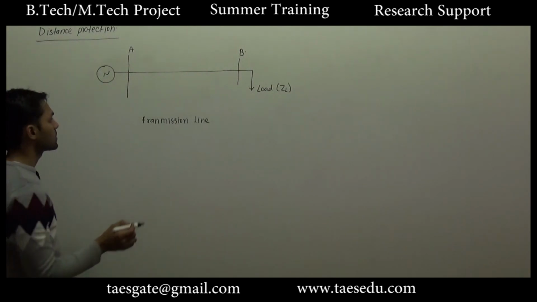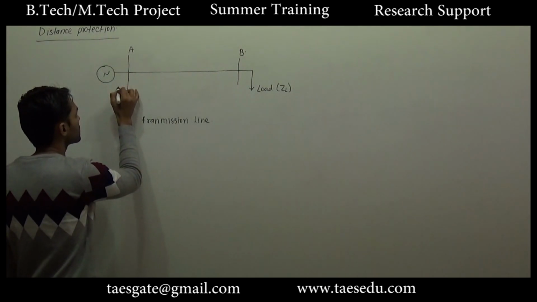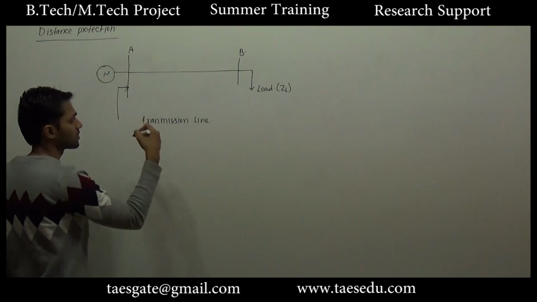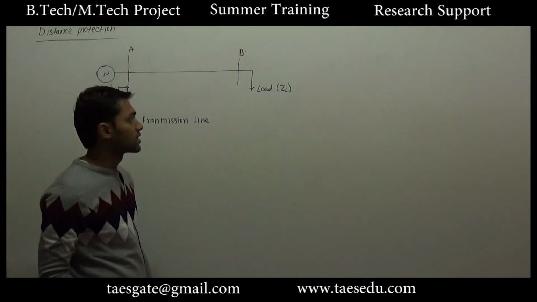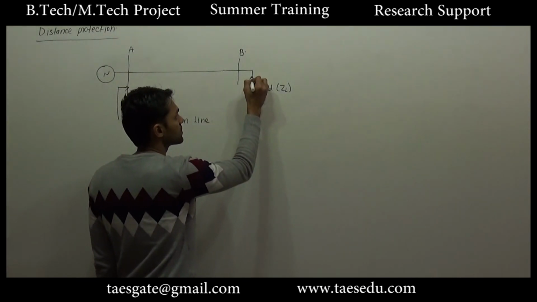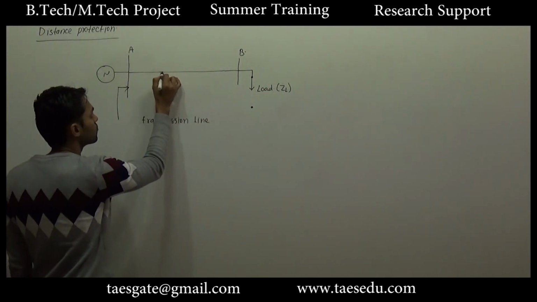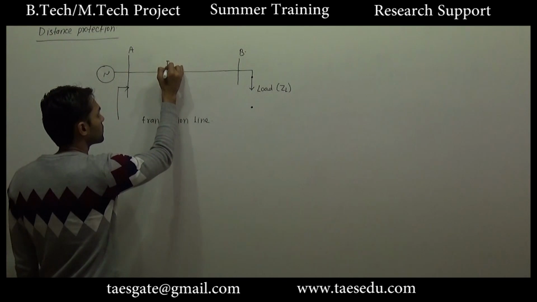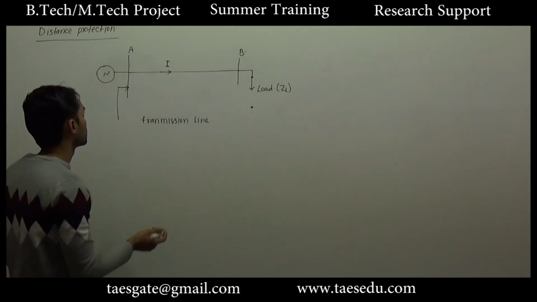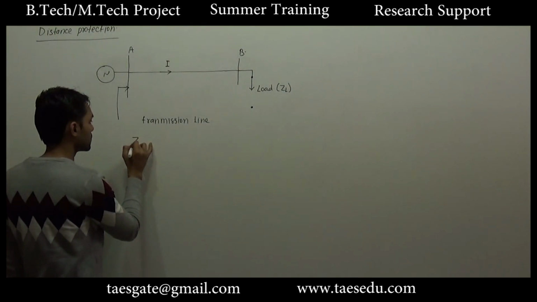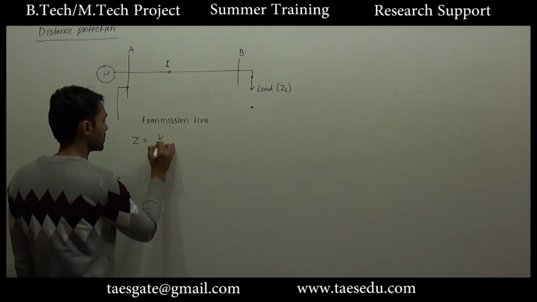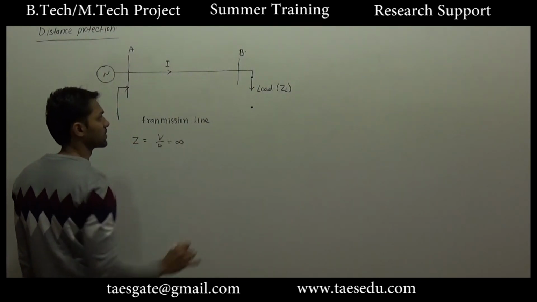Now let us consider the impedance seen by the source. If no load is connected, or the load end is left open circuited, there will be no flow of current. So the impedance seen by the source will be V divided by 0, which is infinite.